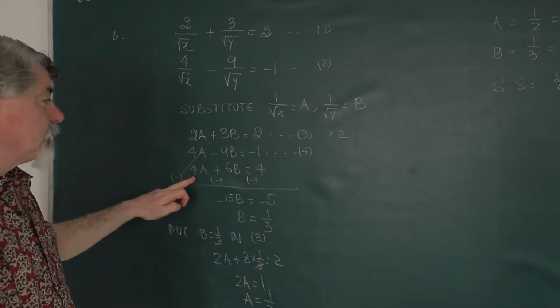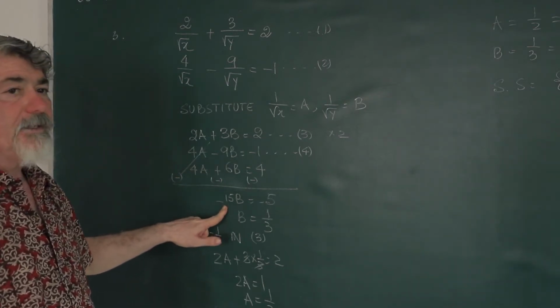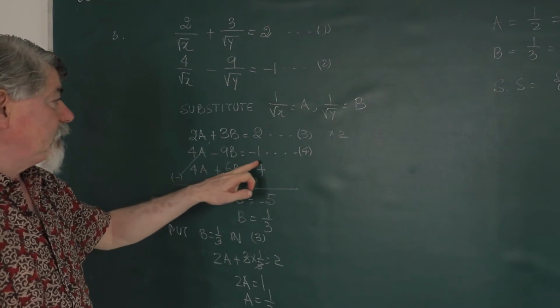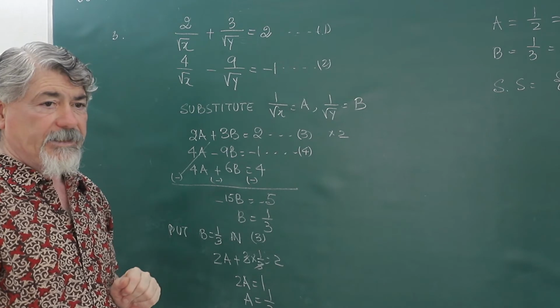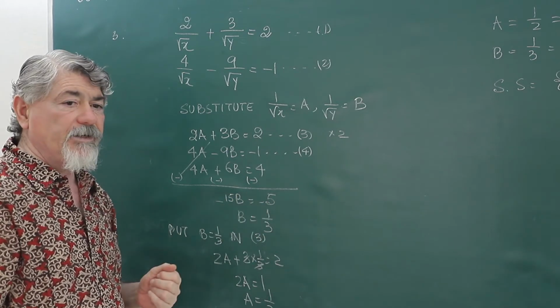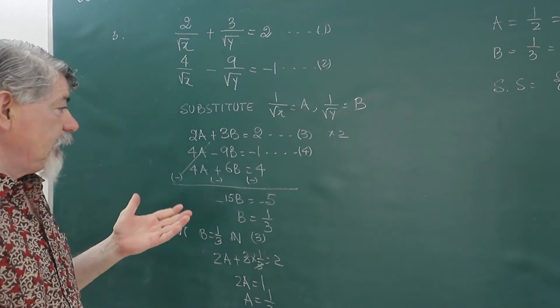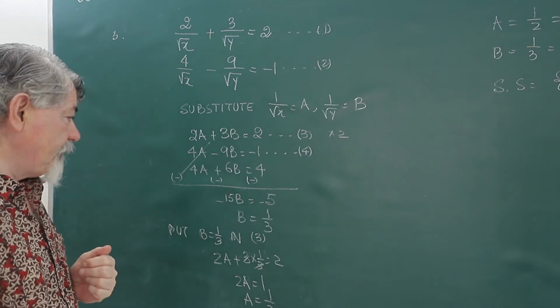So 4a minus 4a will cancel, minus 9b minus 6b will be minus 15b is equal to minus 5, or b will be 1 upon 3, because it will become minus 5 upon minus 15, and 5 will cancel, minus minus will cancel, and 5 3s are 15.